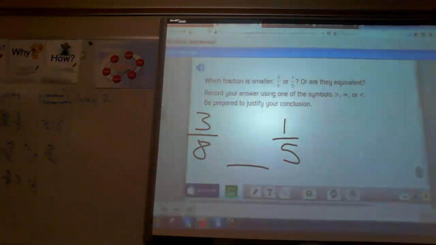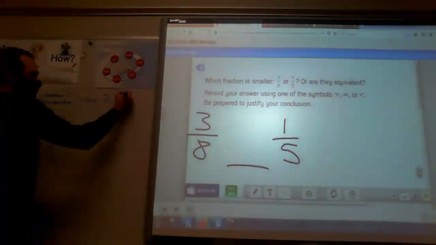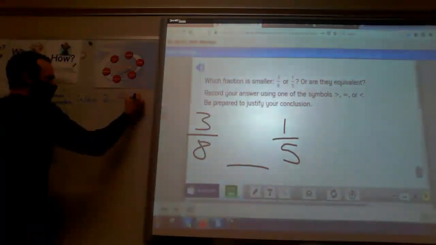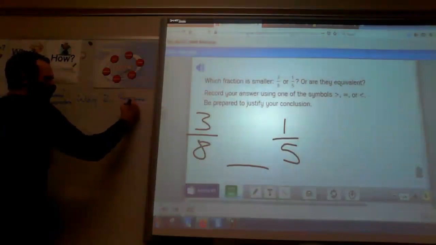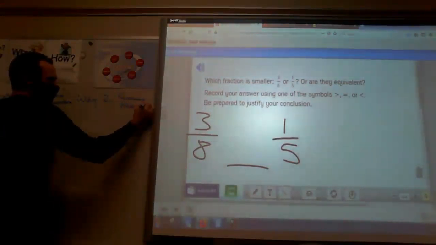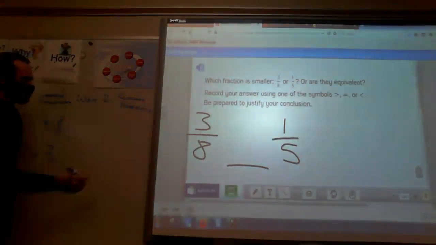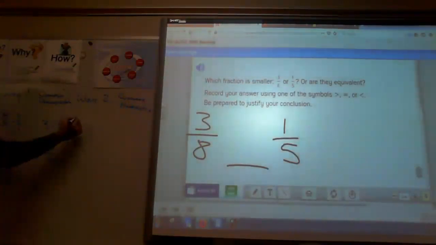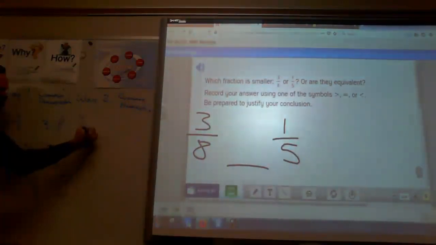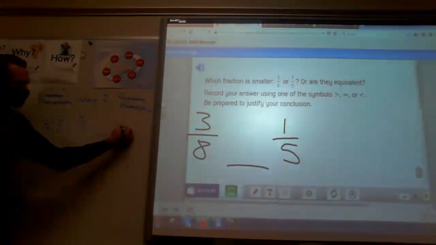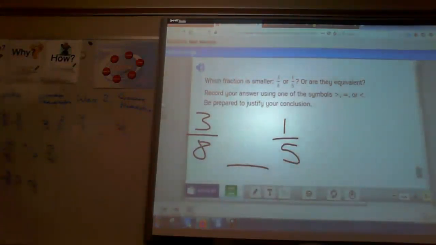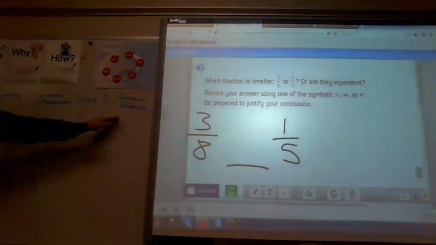Okay? Way 2, which I think involves more thinking, would be to find common numerators, which I don't always like doing because I think you have to think a little more. So here's what I do. I start with my same fraction. And again, this time you start with the smaller numerator, which is also on the same side.